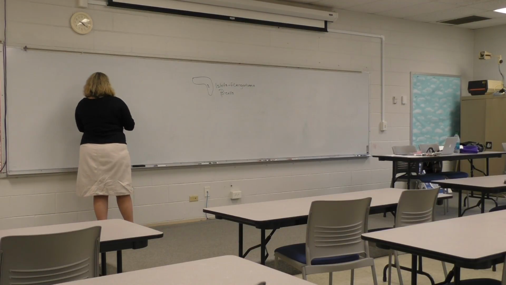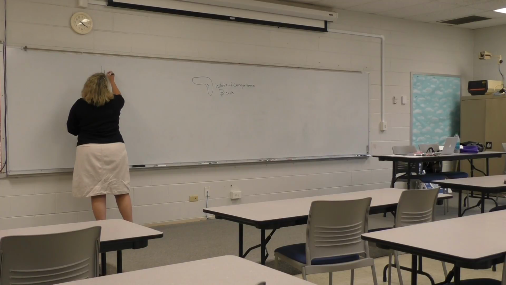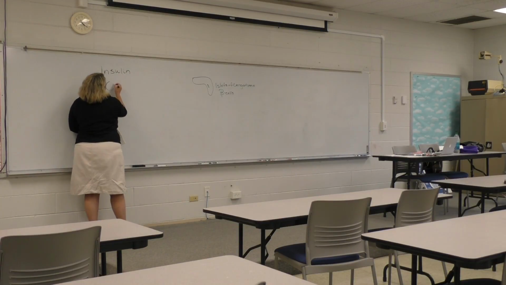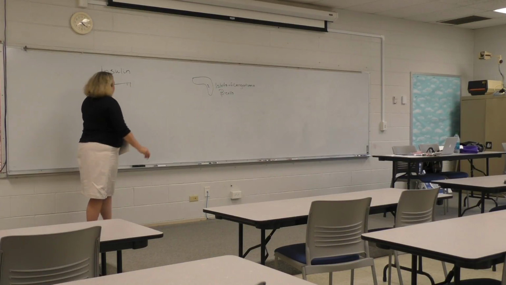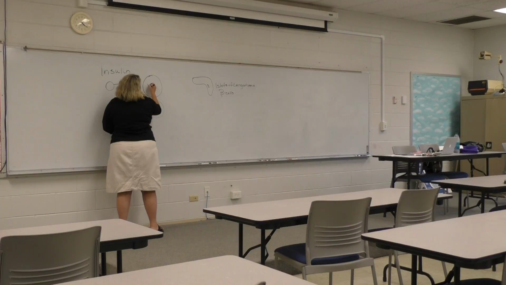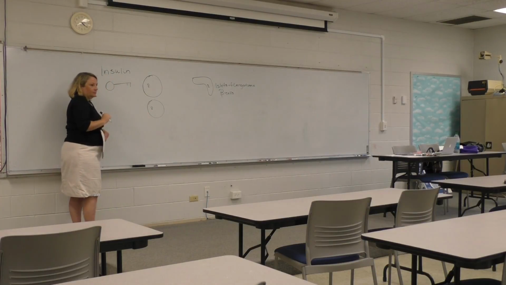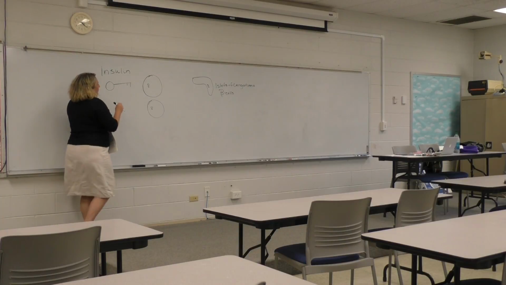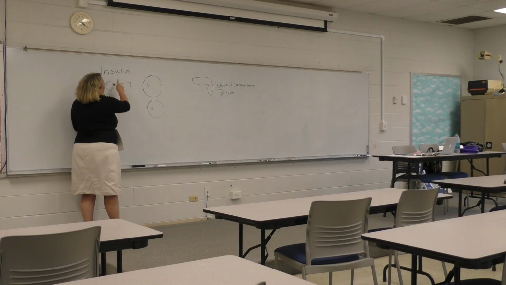So, let's look at what insulin actually does. Insulin is a key. Here are all these little cells, and they all have a keyhole. Whenever you eat, the pancreas releases insulin.